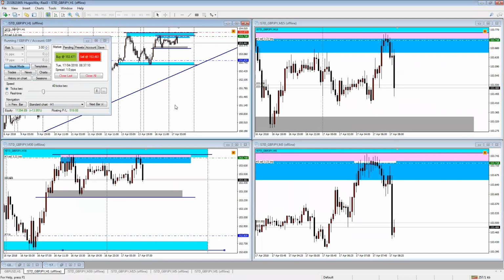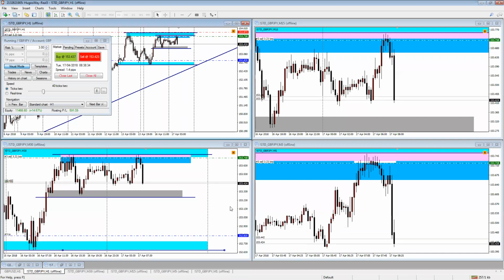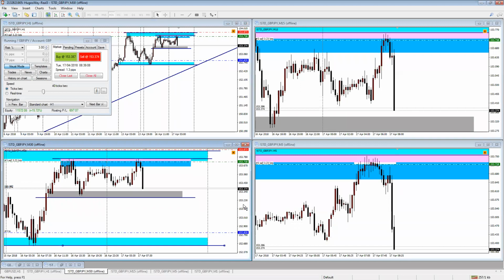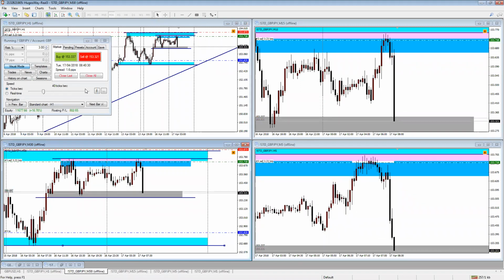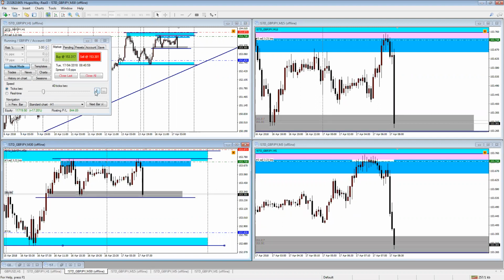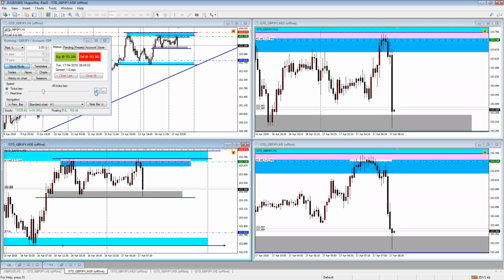Let's see. Perfect. Okay, we're just gonna watch at this level and might consolidate or reject. I kind of want to close.